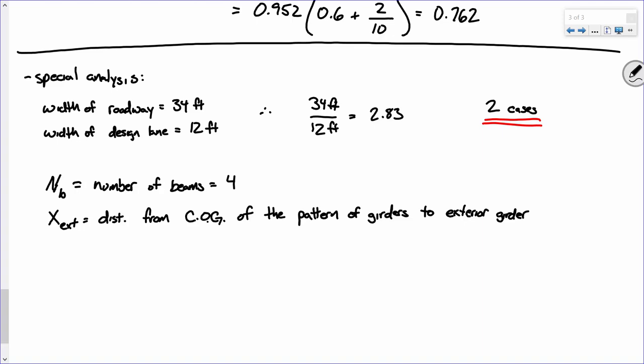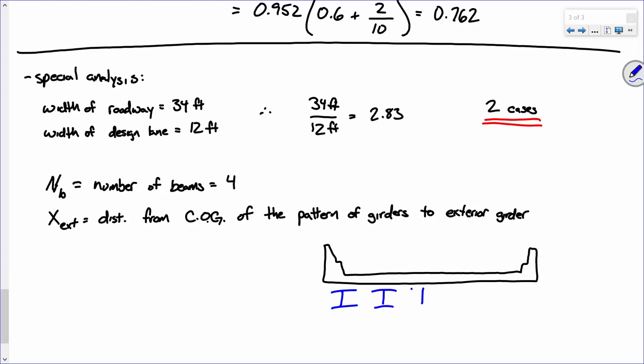In other words, if I have a bridge that looks something like this, and I'll make it up, let's say I've got a whole bunch of beams: 1, 2, 3, 4, 5, 6 beams.